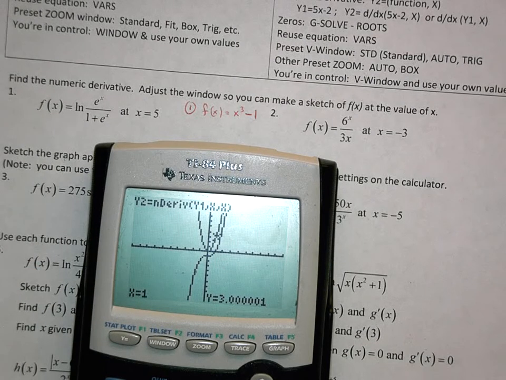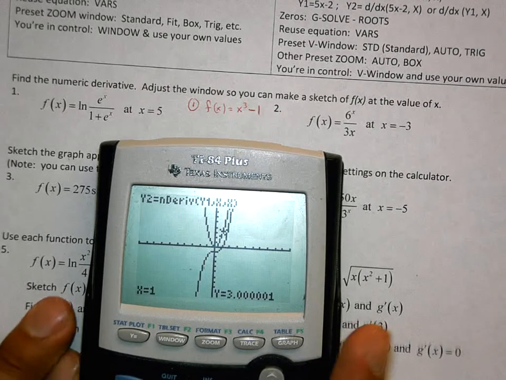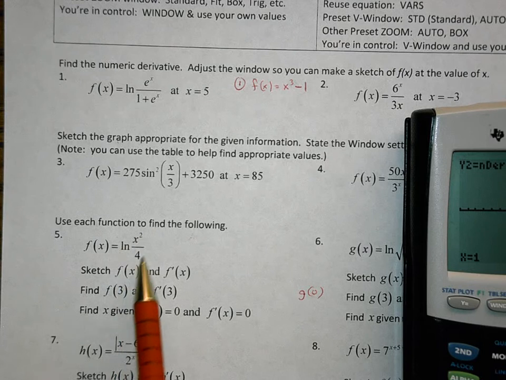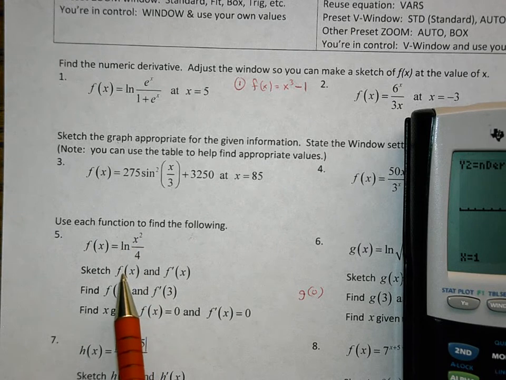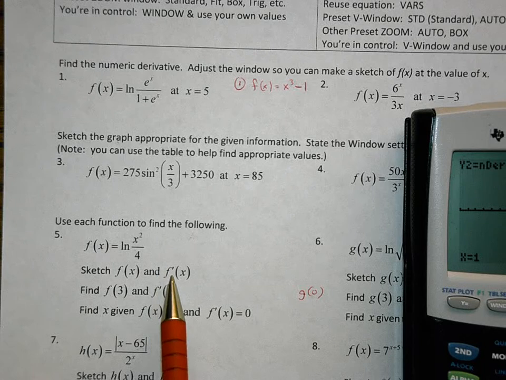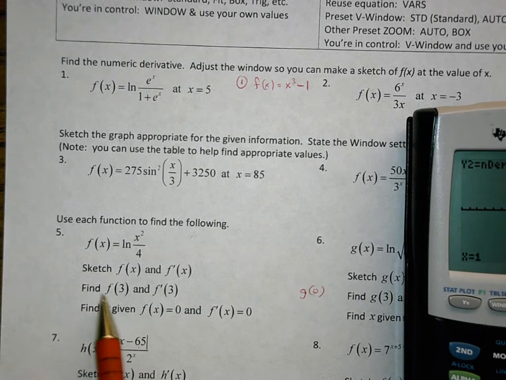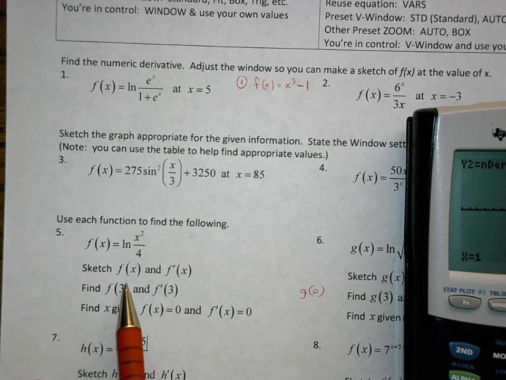So today, on these calculators, you're going to be asked to input equations. You're going to be asked to sketch the original graph and the function. Those are not super, super important to get exactly right because they're just a sketch. You're supposed to find a value of 3 into this function.